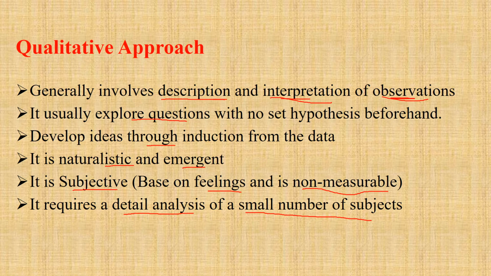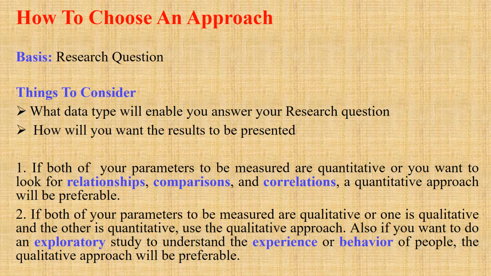The question remains, how do we know which approach to use? In this slide, we are going to be looking at tips for choosing an approach. Now, the main basis for choosing an approach lies on the research question. So the research question is very important to give you an idea on what approach to use.